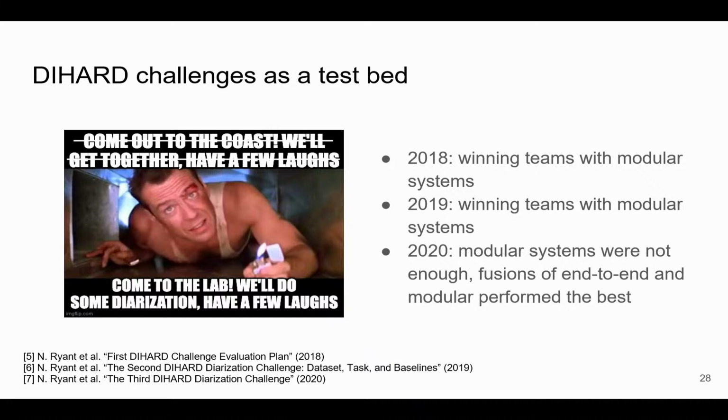And then the first DIHARD challenge appeared, and that's the segue, like the name is DIHARD for the challenge, with the idea that diarization is hard, and the data sets that they proposed had many different subsets. So development and evaluation would have about 20 hours each, and then you would have 2 hours of each of 10 different domains with different characteristics. We will get into them in a minute.